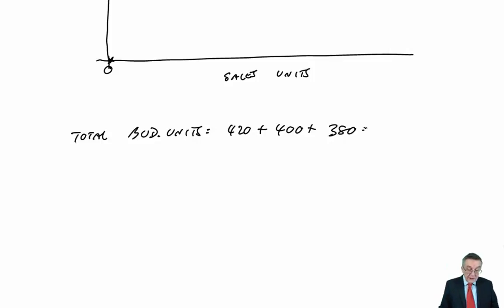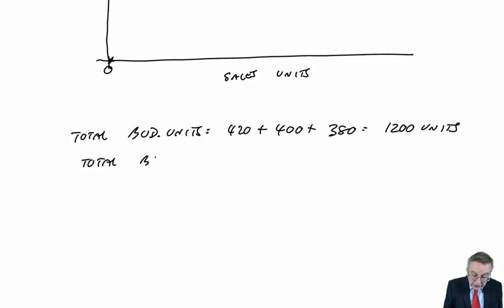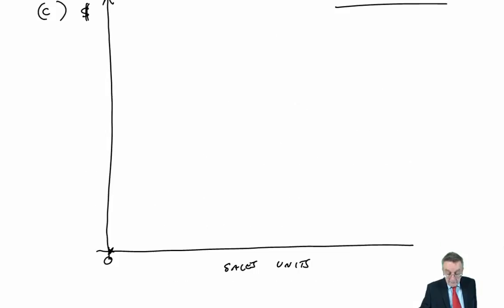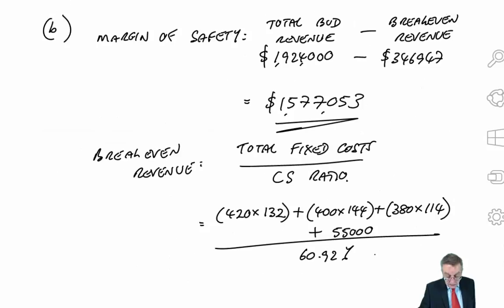Dear, oh dear, 1,200 units. So if we sell 1,200 units, we already knew that the total budgeted revenue is $1,924.